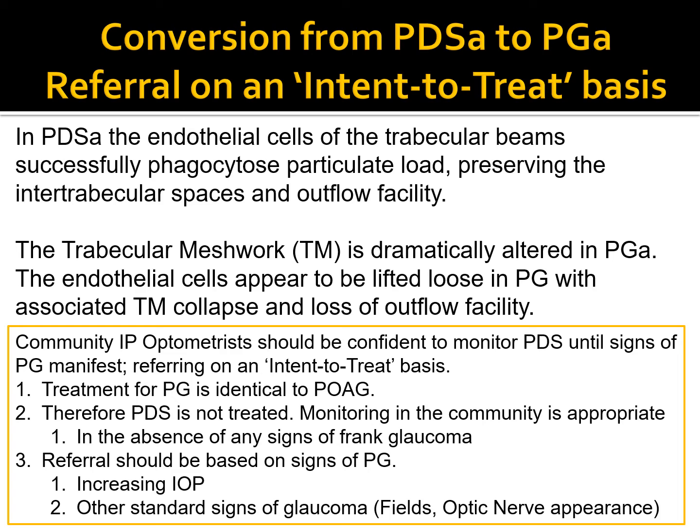But with PGA, active pigmentary glaucoma, the trabecular meshwork is dramatically altered. The endothelial cells appear to be lifted loose in PG, and the TM collapses and we have loss of outflow.